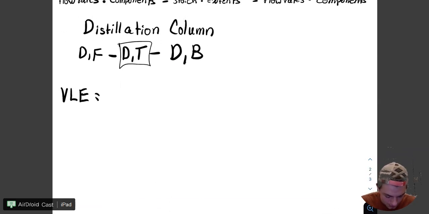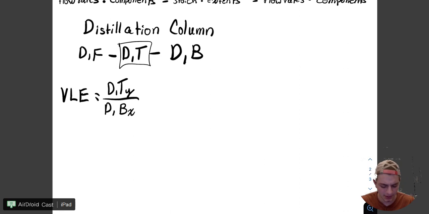And to zero that out, we will just take the flow rate of the top, which would be D1 top Y over D1 bottom, I guess X, I think that would be a liquid because it's being distilled, and then you would subtract from that D1 constant array, and that's going to give us our last set of equations there.